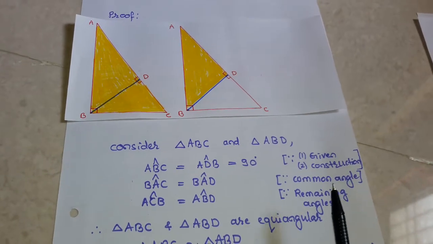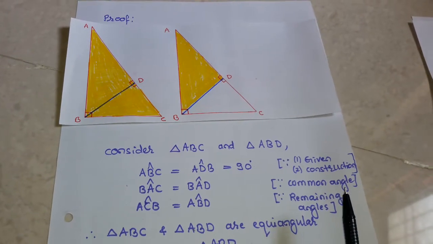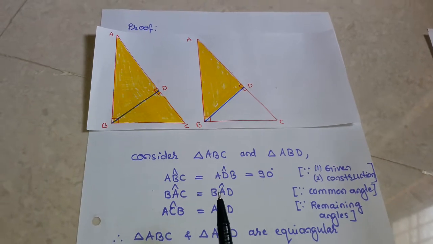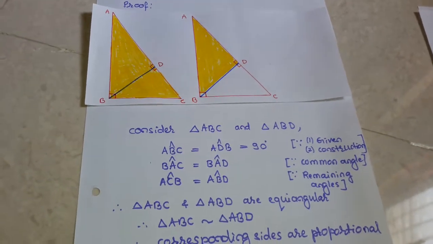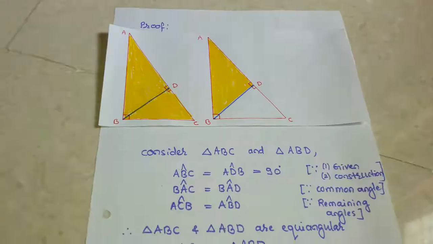You may notice here, common angle, not angles. It comes in both the triangles. So this way the second pair is established.